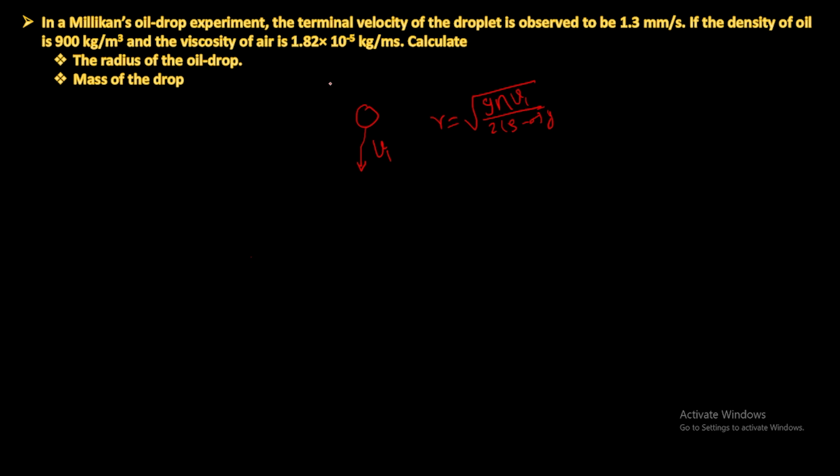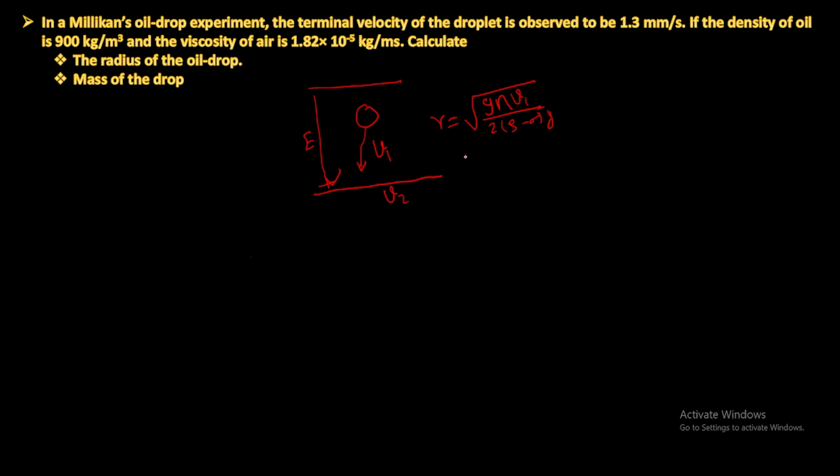When the oil drop is falling under the effect of gravity but in the presence of electric field E, and the given oil drop is charged, at those conditions the terminal velocity will be changed. Let's say v2 is the new terminal velocity with which the given oil drop is still moving in the downward direction.